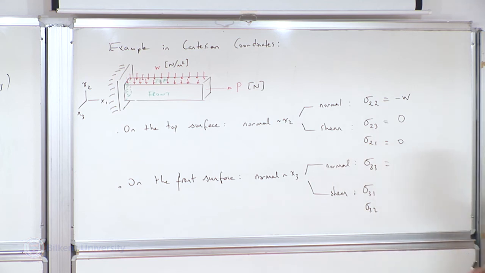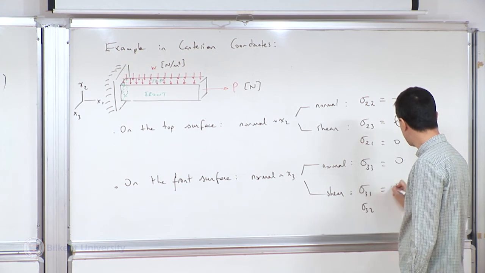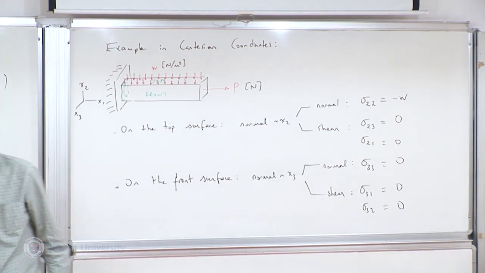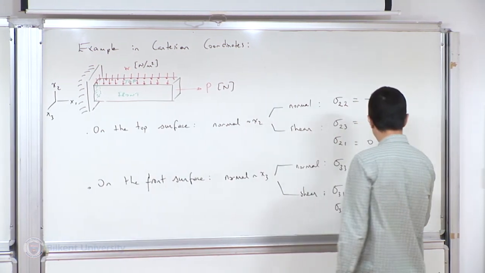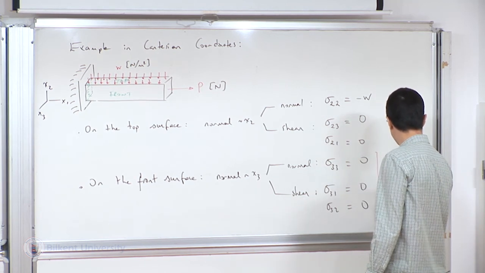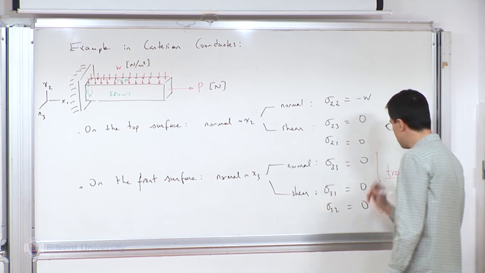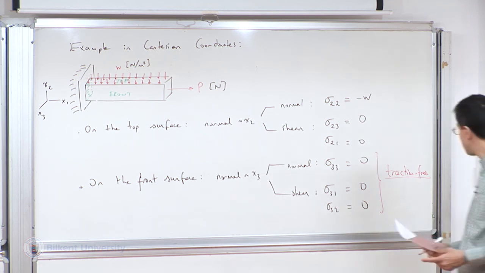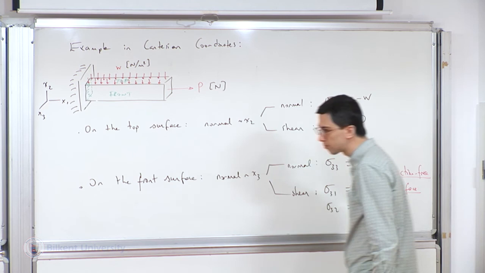But on this surface, I'm applying absolutely nothing, and therefore every component of the stress is equal to 0. Now, if you have a surface on which every component of the stress vanishes, such a surface is called traction-free. Okay, and that's the terminology that we will make use of. So it's a traction-free surface.